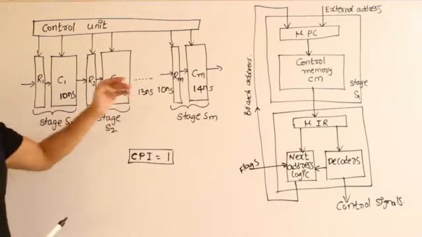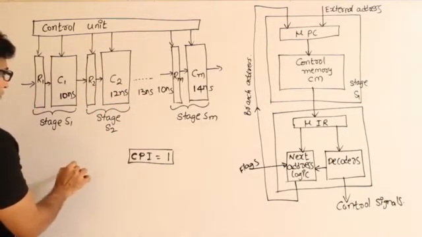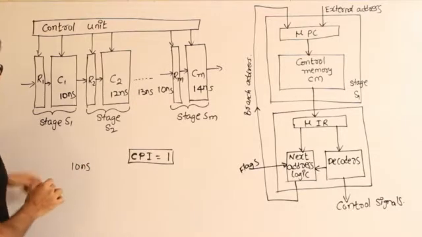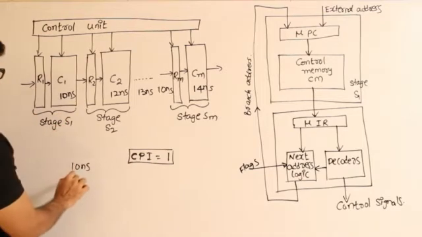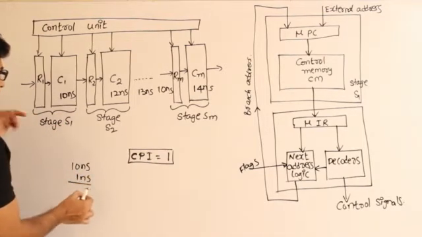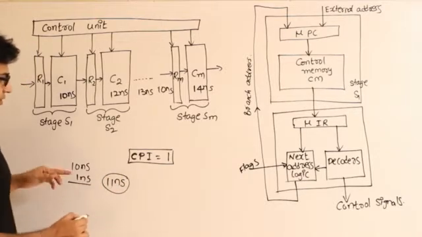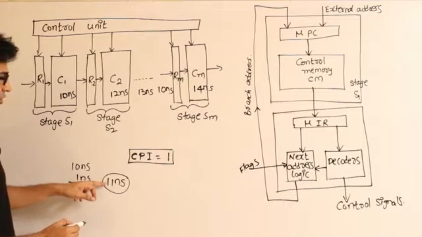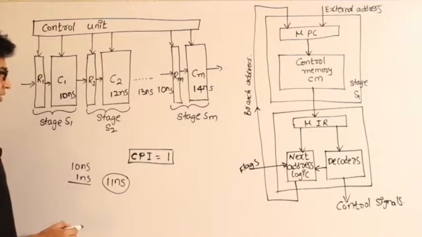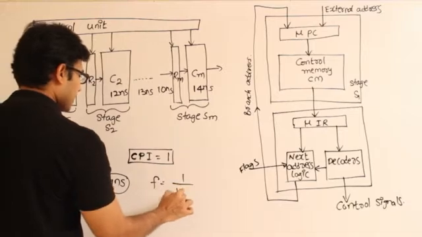Let us say all the stages have a uniform delay of 10 nanoseconds, and assume that every register adds 1 nanosecond delay for load and read. Then every stage is going to take 11 nanoseconds, and we can set the clock frequency so that the time period of each clock cycle is 11 nanoseconds, which means the frequency equals 1 by 11 nanoseconds.